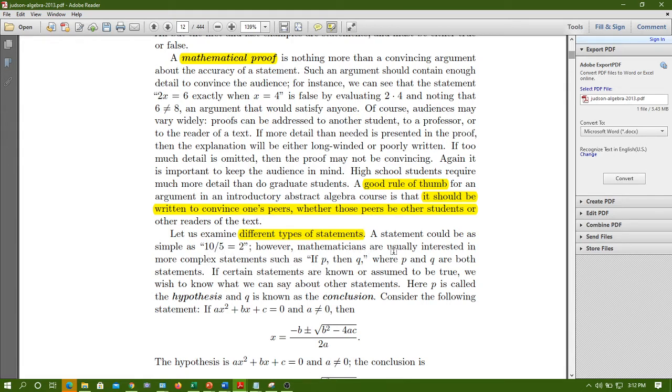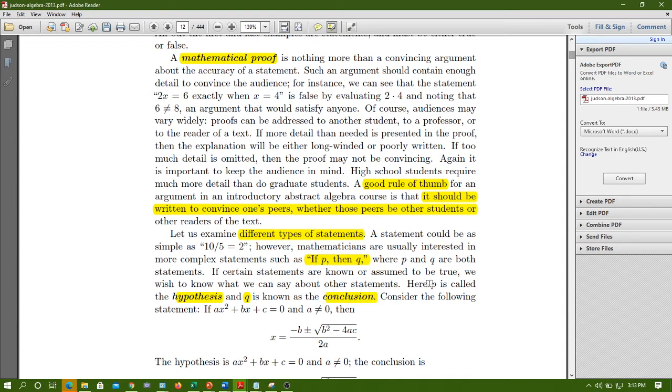However, mathematicians are usually interested in more complex statements such as "if P, then Q", where P and Q are both statements. If certain statements are known or assumed to be true, we wish to know what we can say about other statements. Here, P is called the hypothesis and Q is called the conclusion.